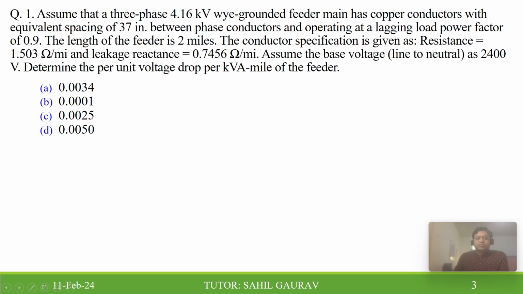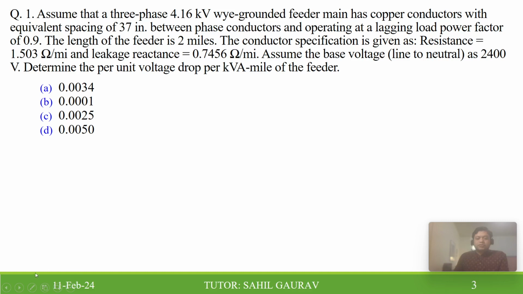The conductor resistance is 1.503 ohm per mile, and leakage reactance is 0.7456 ohm per mile. Assume the base voltage line to neutral as 2400 volt. Determine the per unit voltage drop per kVA mile of the feeder.